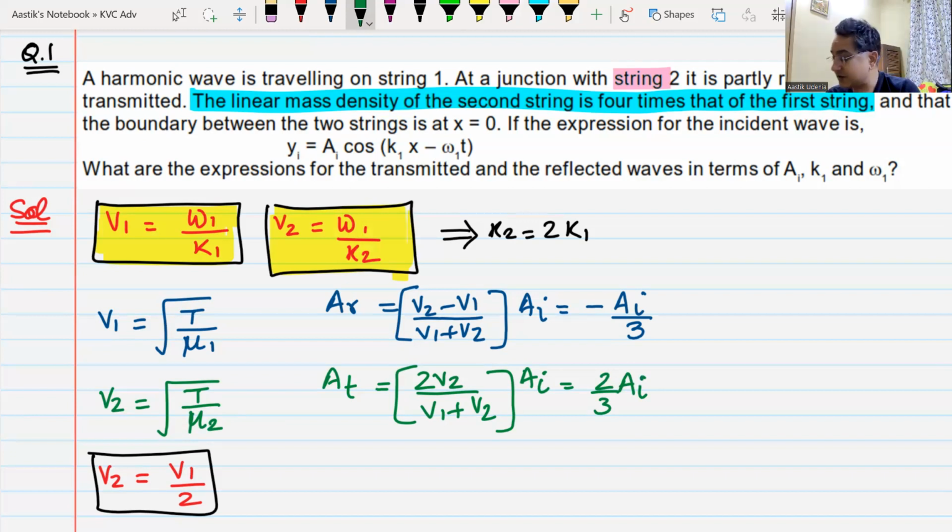Now you have AR, you have AT, you have K2, you have V2. Can you tell me the equation of the transmitted and the reflected wave in terms of the original K1, omega 1 and AI?